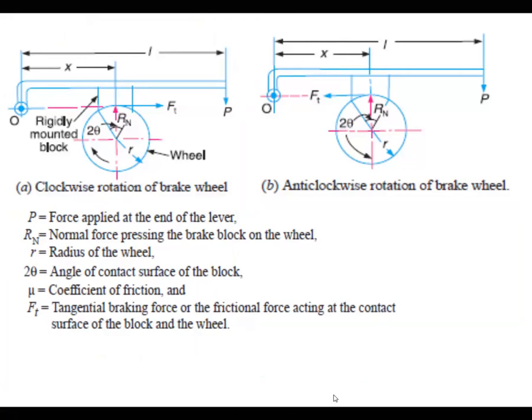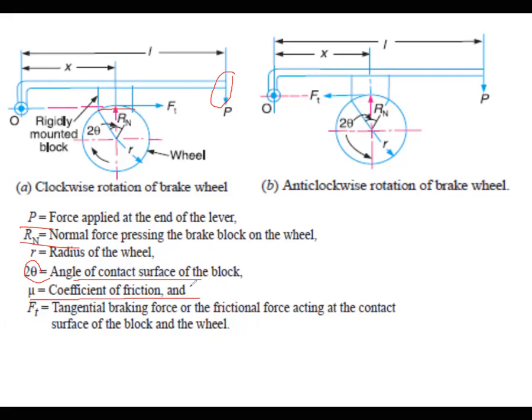The numerical parameters: P is the force applied at the end of the lever. Rn is the normal force, that means the normal force or pressure on the brake block. 2 theta is the angle of contact surfaces of the brake block, as I showed you.